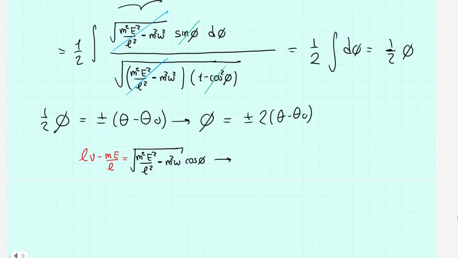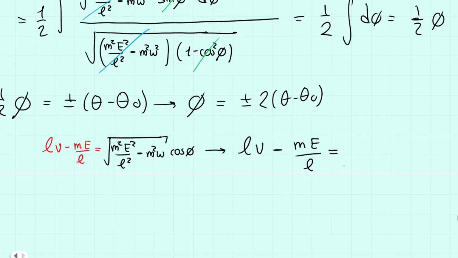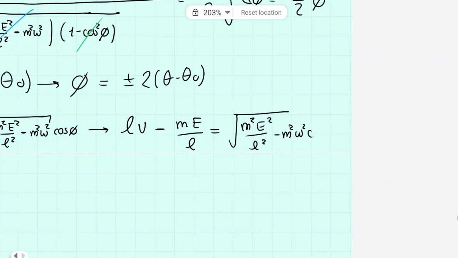Well, we get that L times B minus ME over L is equal to the square root of M squared E squared over L squared minus M squared omega squared, there is a square here, times cosine of 2 times theta minus theta 0.